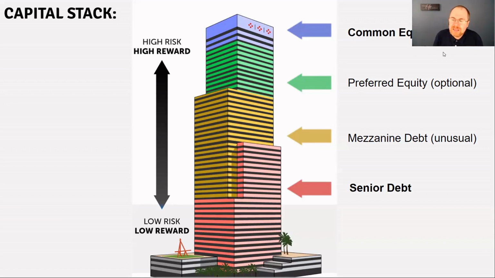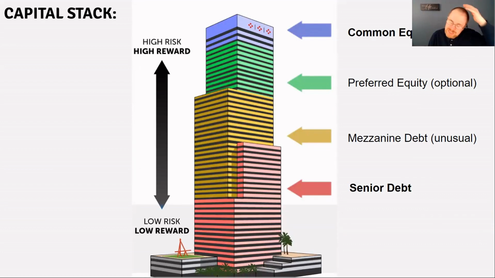In any case, if you look at common equity compared to preferred equity, you have to think about the stack. The first to be paid is whomever is at the bottom of the stack. So first, the senior debt. Second, in this illustration, mezzanine debt. Third, preferred equity. And fourth, common equity.